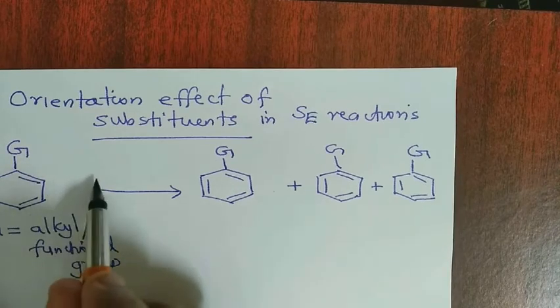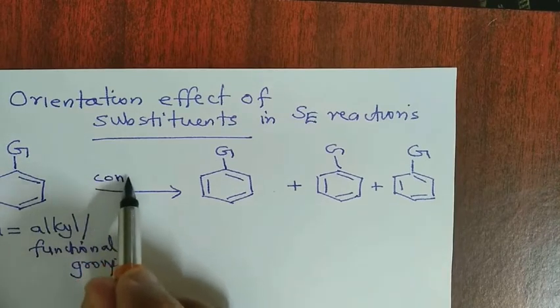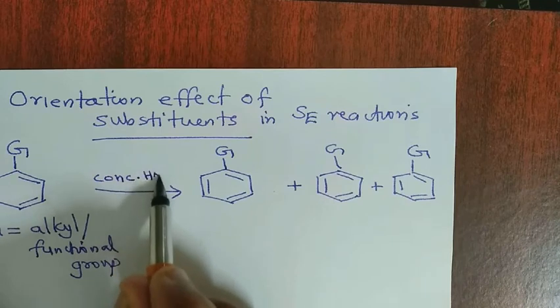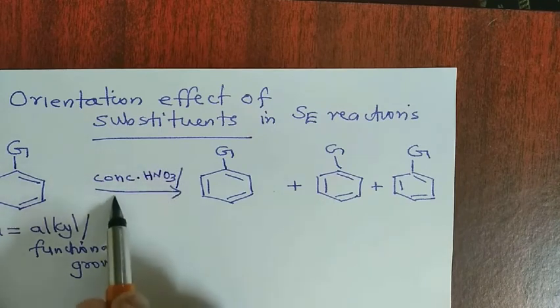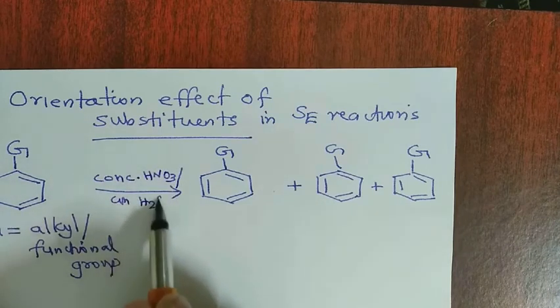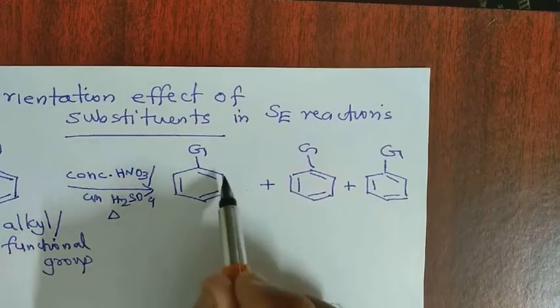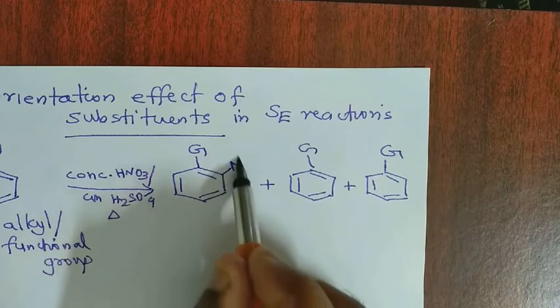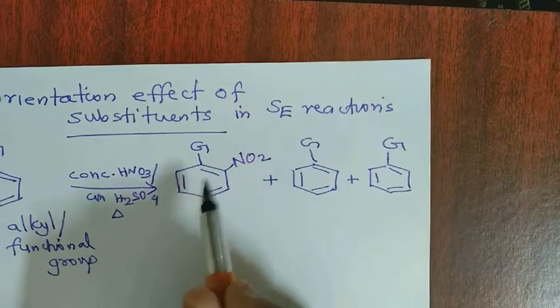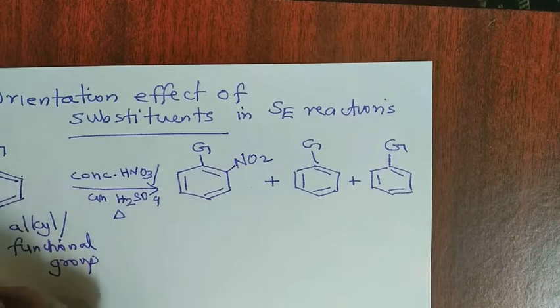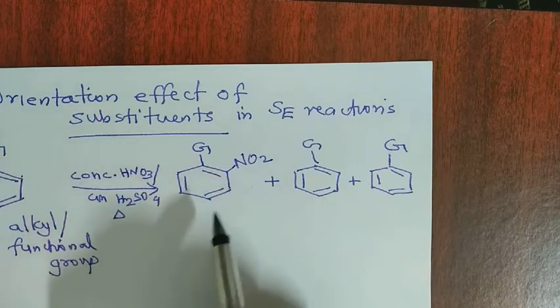When this compound is subjected to electrophilic substitution reaction like nitration, three isomeric substitution products are theoretically possible. The nitro group may be on the adjacent carbon atom, that is the ortho substitution product.